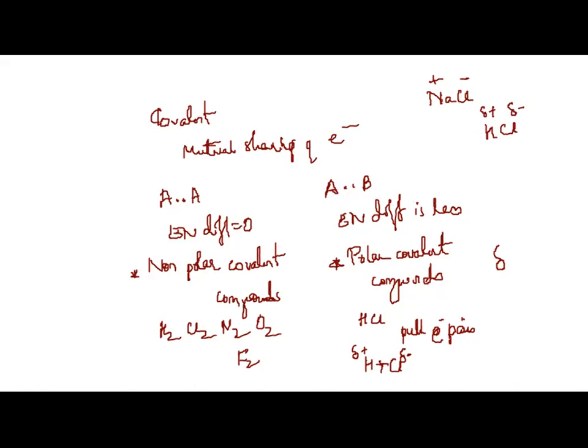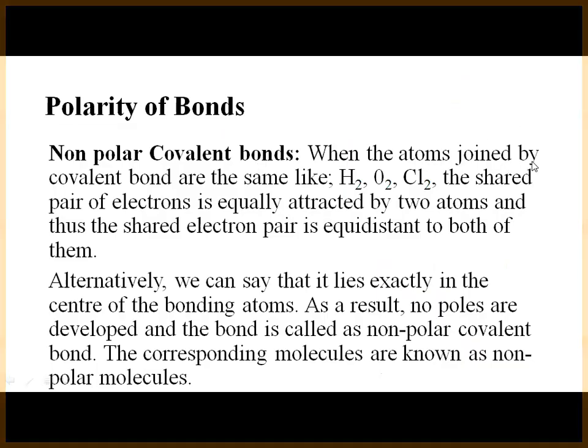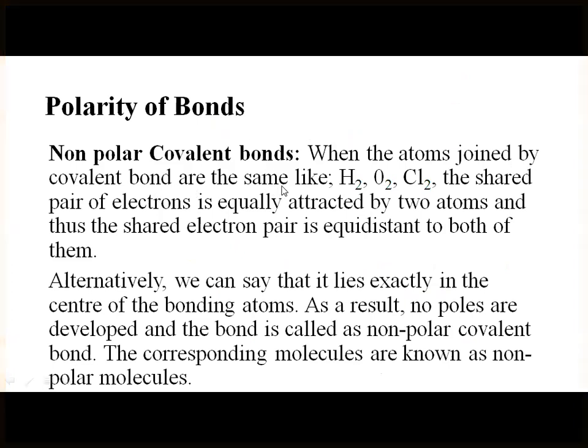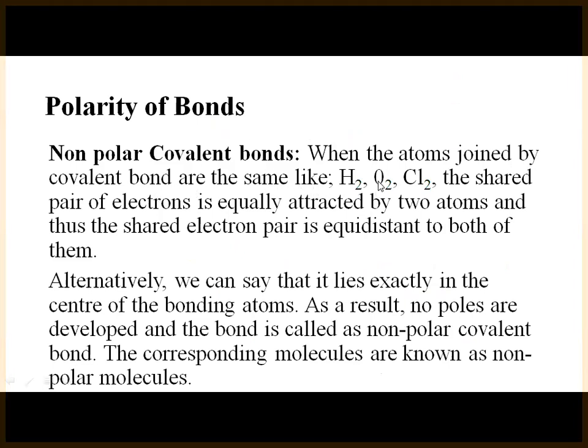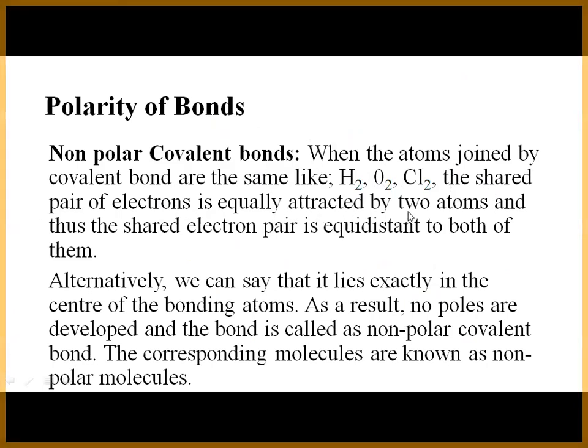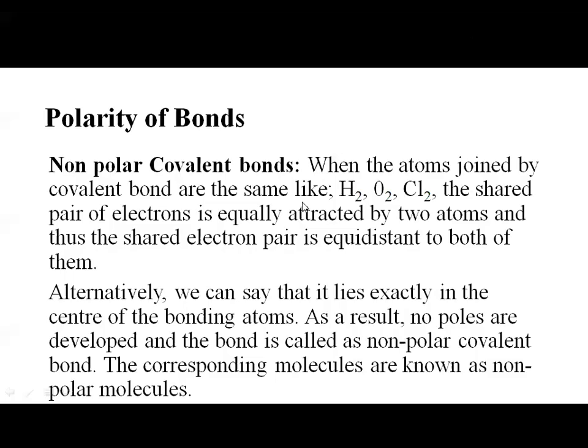Okay, so let us see what is being explained in our slide. Non-polar covalent bonds. When the atoms joined by a covalent bond are the same, like H2, O2, Cl2, the shared pair of electrons is equally attracted by the two atoms, and thus the shared electron pair is equidistant to both of them.